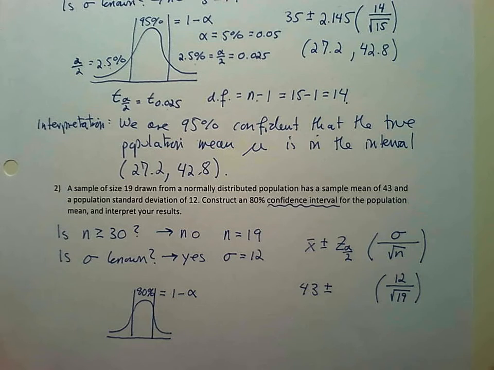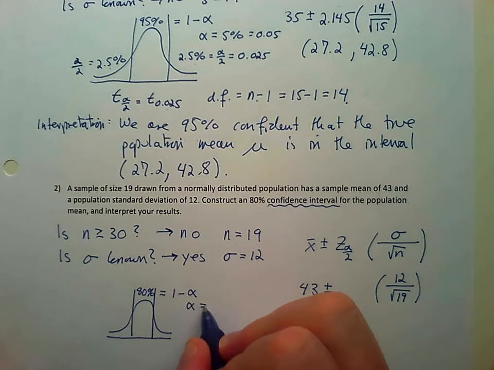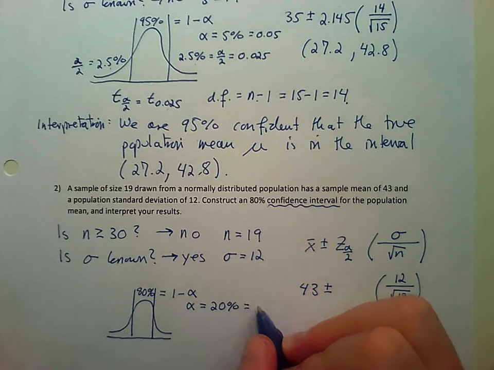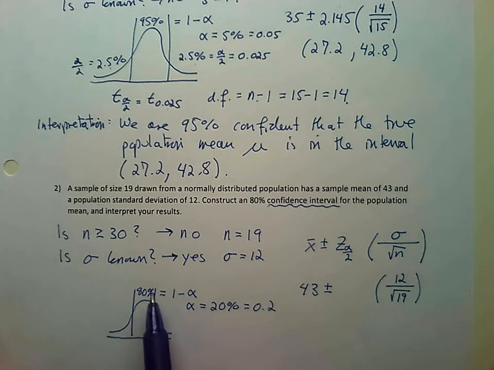So 80% is equal to 1 minus alpha, which means that alpha is equal to 20% or 0.2. Right? Alpha is just simply what's left over between our confidence level and 100%. Or if you do the arithmetic here and solve for alpha, you'll get that alpha is equal to 20% or 0.2.